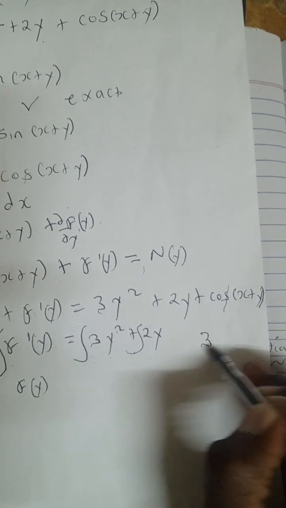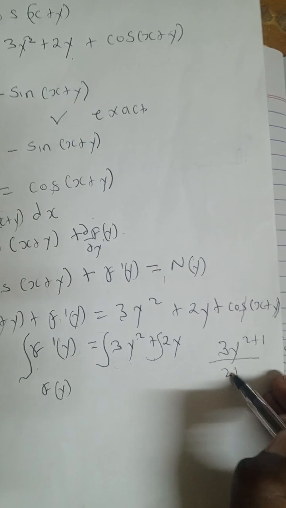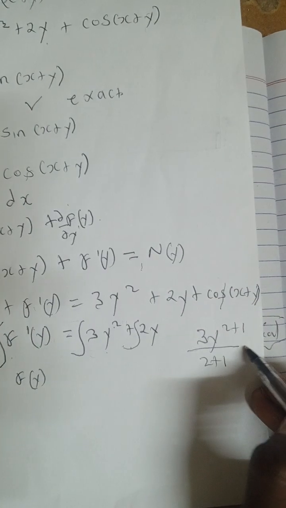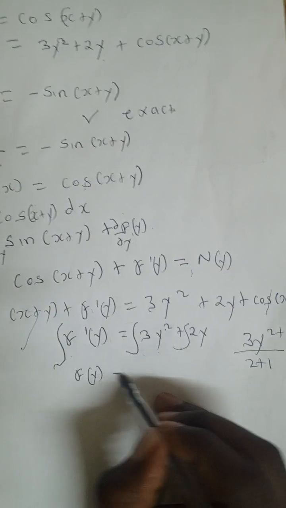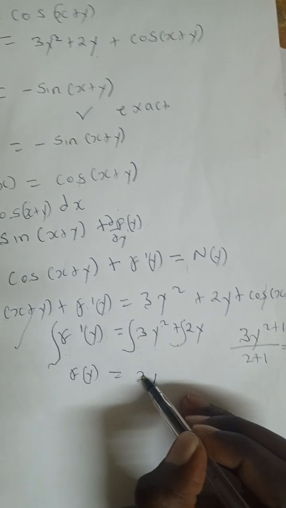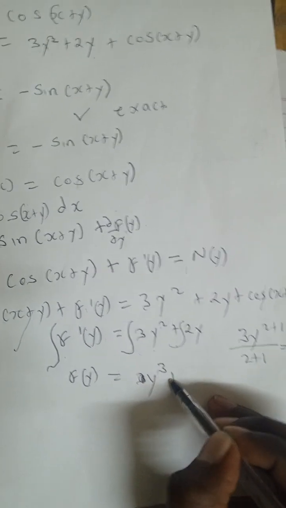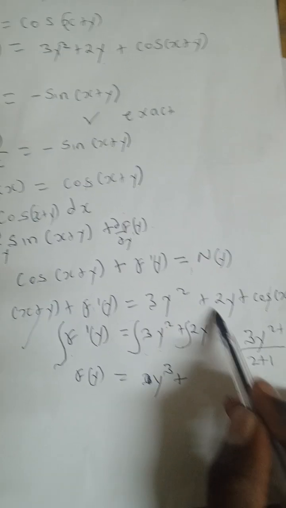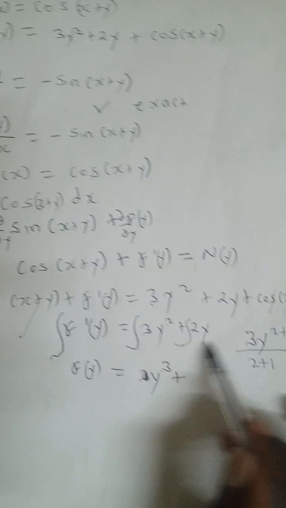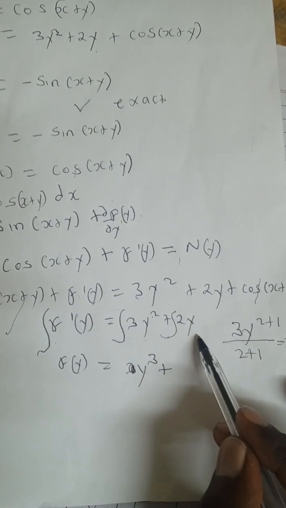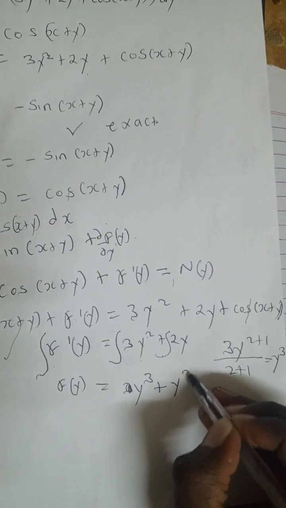So f(y) is equal to y cubed plus, when we integrate 2y, it's the same as adding 1 plus 1 divided by 1 plus 1. At the bottom, we are going to have a 2, which will cancel with this. So this is just going to be y squared.